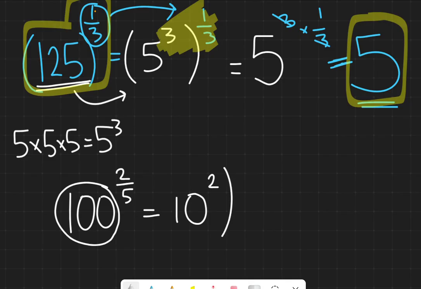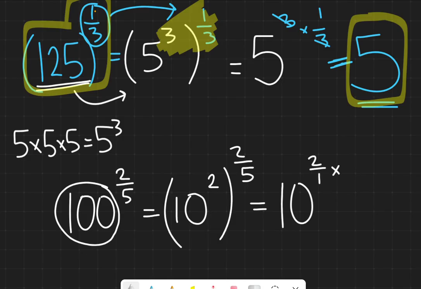But don't forget, we have to the power of 2 over 5. All right, what will this be equal to? 10 to the power of 2 multiplied by 2 over 5, which is basically equal to 10 to the power of 4 over 5. That's it. We have it in simplest form.